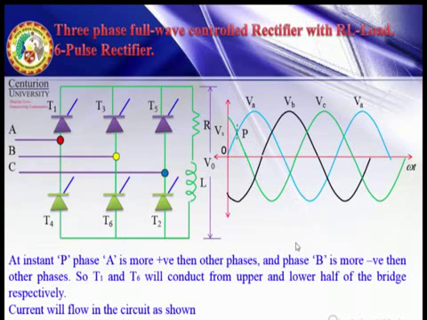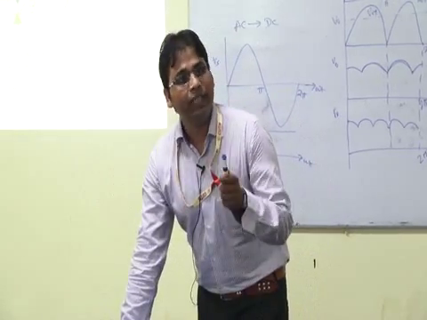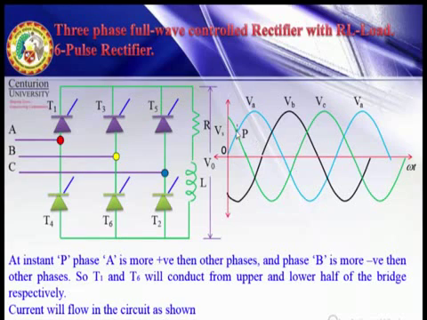At instant P, phase A is more positive than other phases and phase B is more negative than other phases, as we already discussed in the case of the 3 pulse rectifier. Phase A is the leading phase and phase B is the more negative phase.